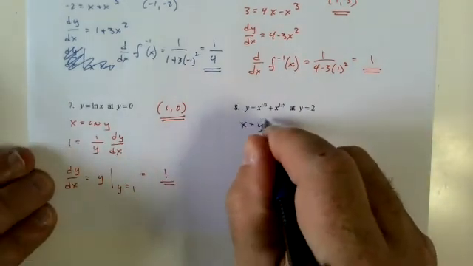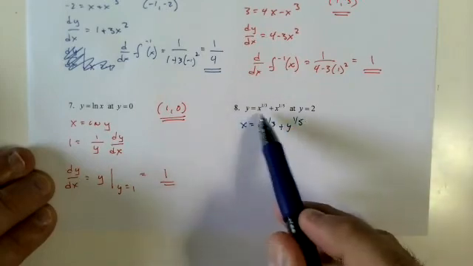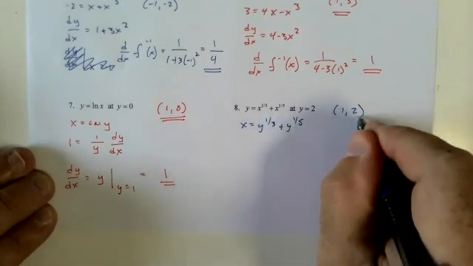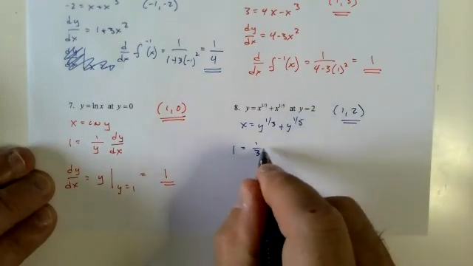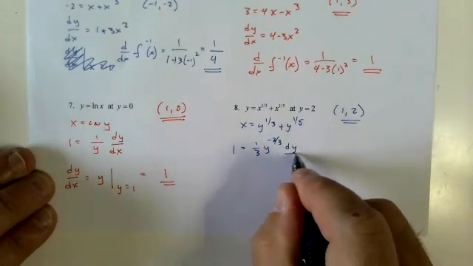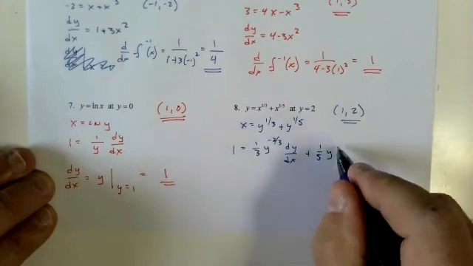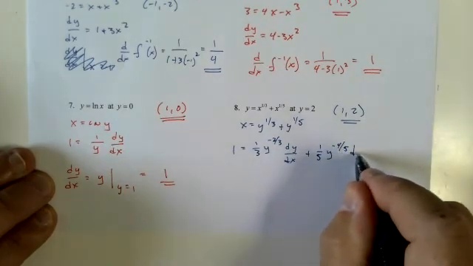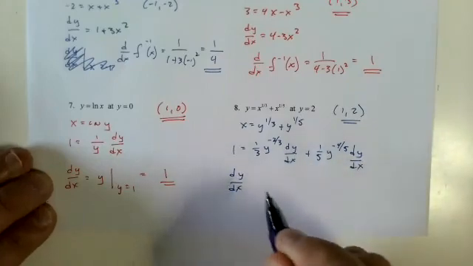X equals y to the 1/3 plus y to the 1/5. The point is 1 comma 2. 1 equals 1/3 y to the -2/3 dy dx plus 1/5 y to the -4/5 dy dx.